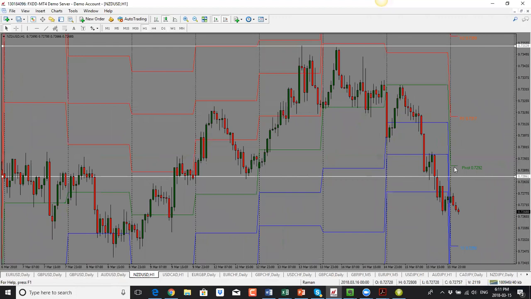So this is where we are. Normally I would look for a pullback into pivot point. It hasn't really pulled back because it just closed so low. So just a quick rule of thumb here: when we see prices drop like this and they stay below the 23% pullback level in our Fibonacci, generally they will drop further.